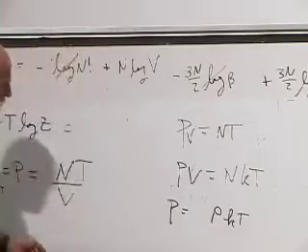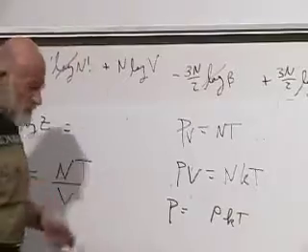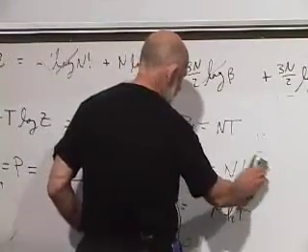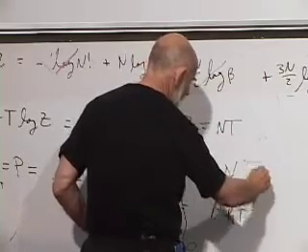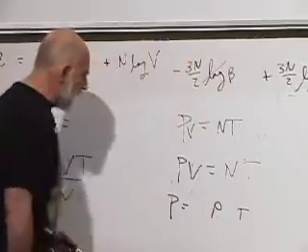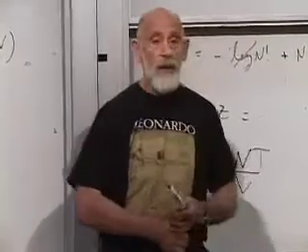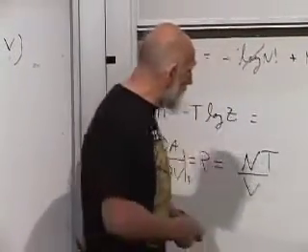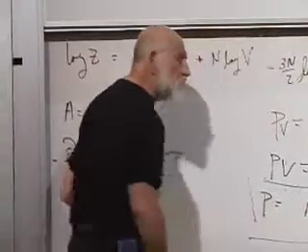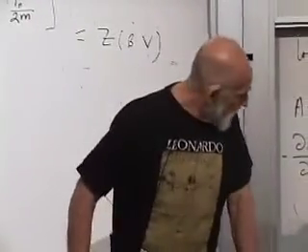It tells us that pressure is proportional to density times temperature. In my units, in which temperature has units of energy, pressure is equal to density times temperature. That's the ideal gas law. That's the particle density, not the mass density.